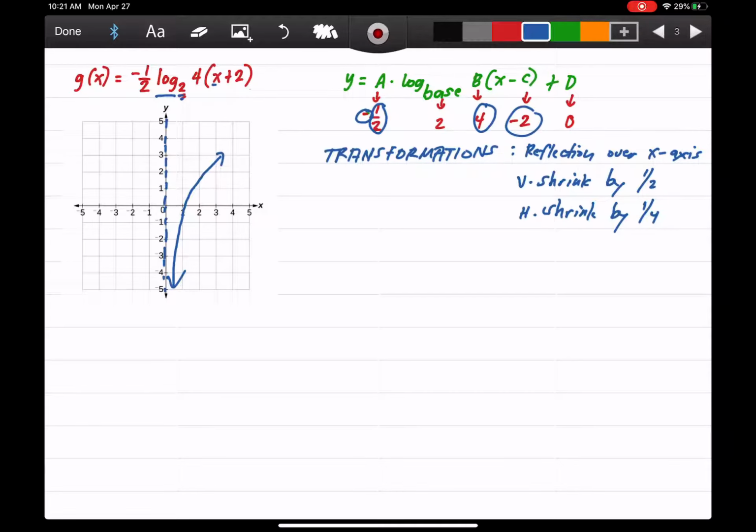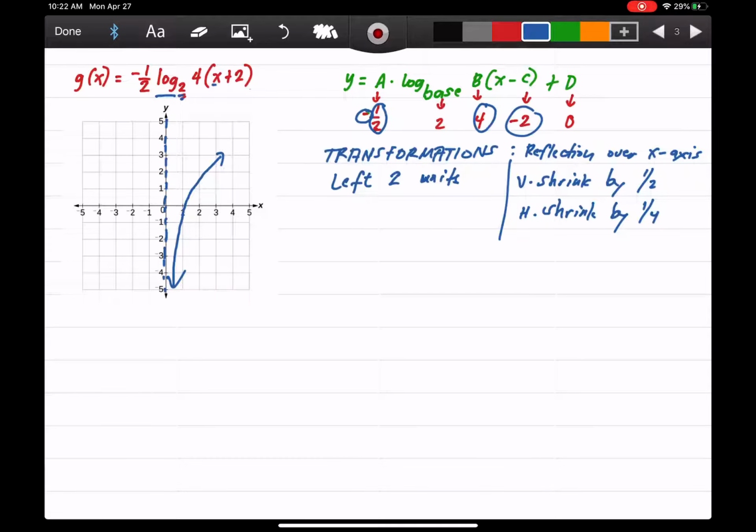So there will be a horizontal shift, let's just say left. How many units? 2 units. Left 2 units. And we don't have a d. All right, so these are the different transformations of our graph.